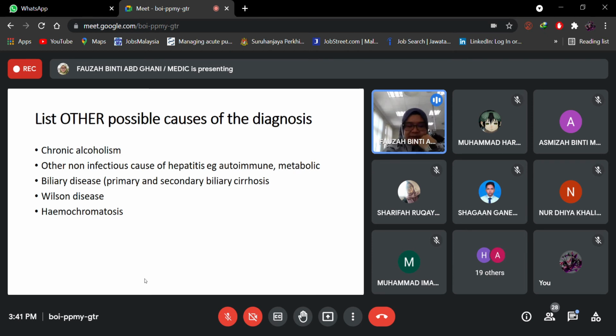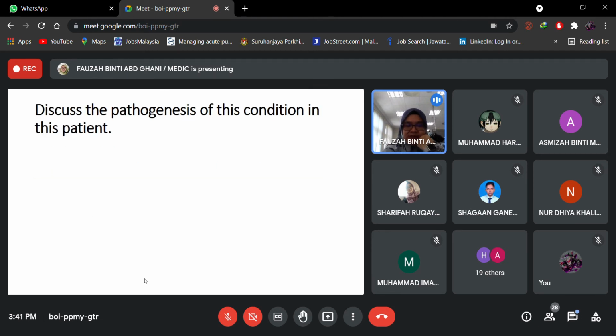Okay, so hemochromatosis, and then the other one is alpha-1 antitrypsin deficiency. So all these are the possible causes of liver cirrhosis. Okay, so in this case, what is the pathogenesis?